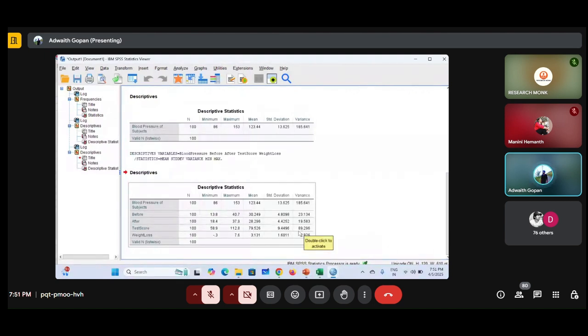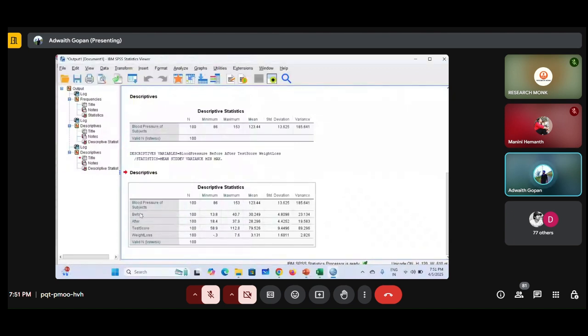So whenever you use variables like blood pressure and test scores in your analysis, especially when you are using linear regression models, you are likely to face something called heteroscedasticity due to the presence of extreme values. This is something that you should know about the descriptive statistics.